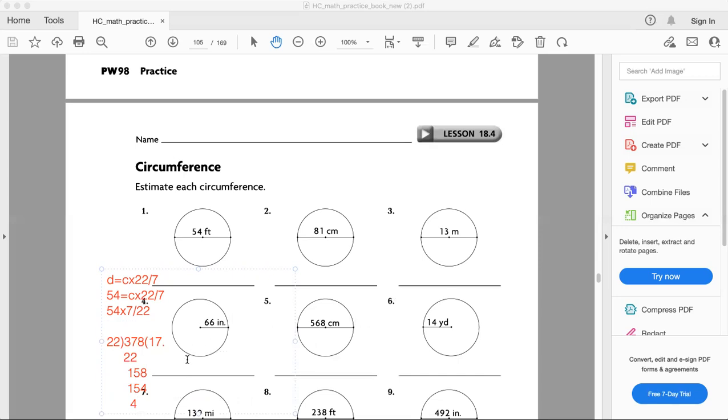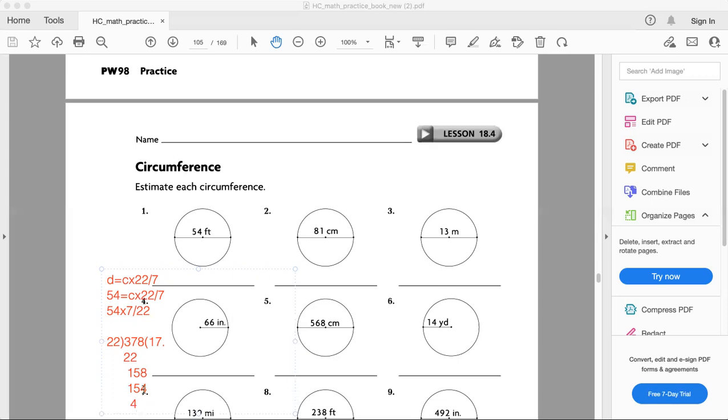Tell me. Ma'am, 150. No. If you put point here, what will come beside 4? 150, ma'am.